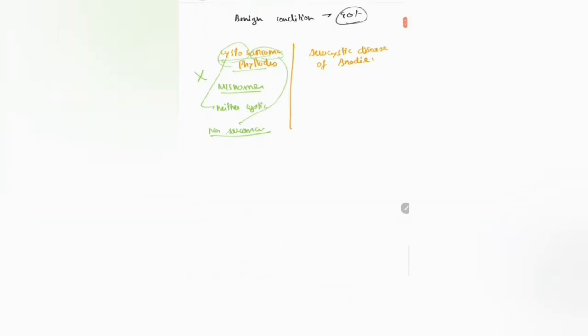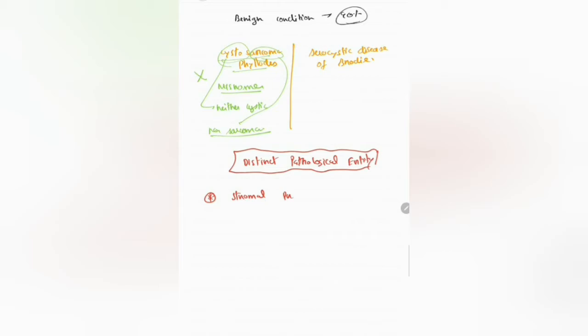Phylloides tumor is considered more of a distinct pathological entity. Why? Because it has a stromal proliferation. You see in histology, there is stromal proliferation with increased cellularity.